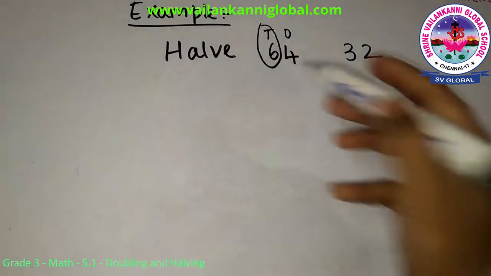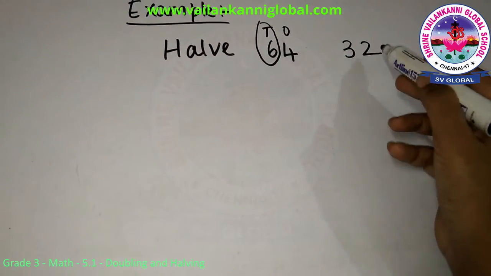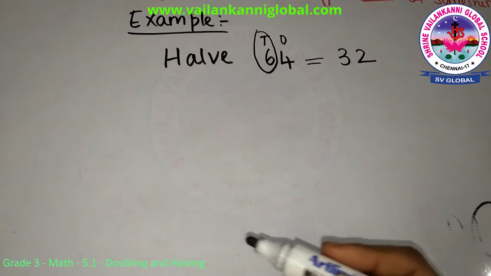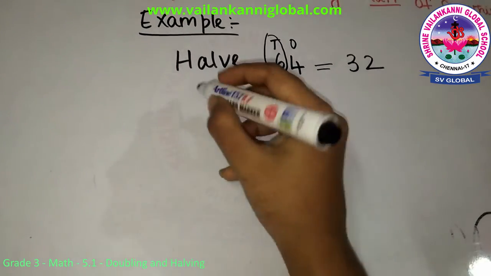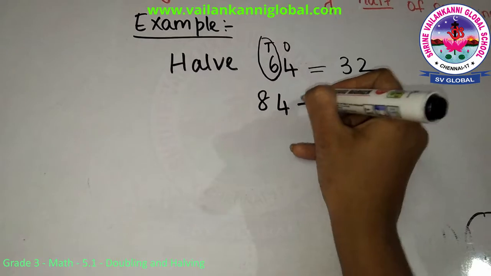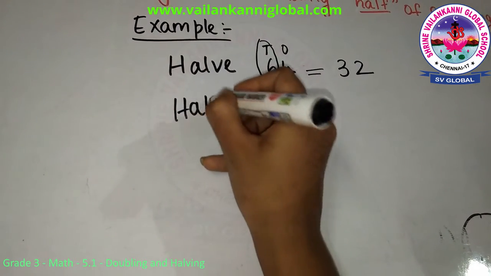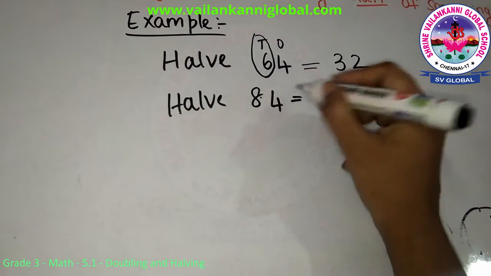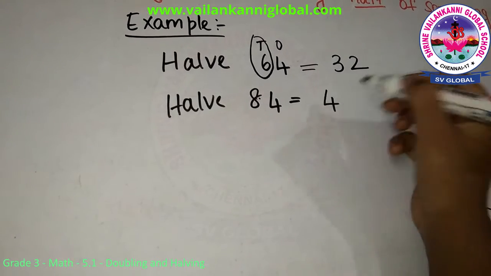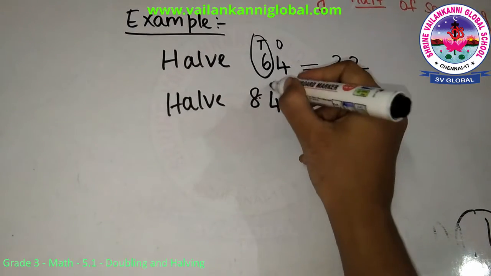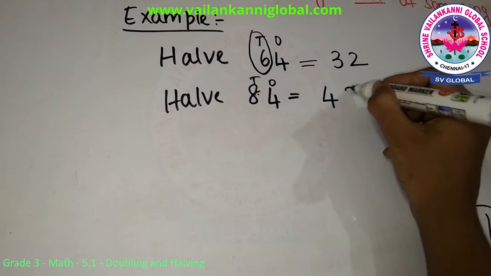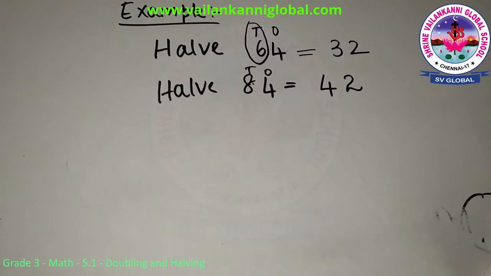So this is the answer: the half of 64 is 32. In the same way, how do we find half of 84? We find half of the tens place first. Half of 8 is 4, and half of 4 is 2. So the answer is 42.